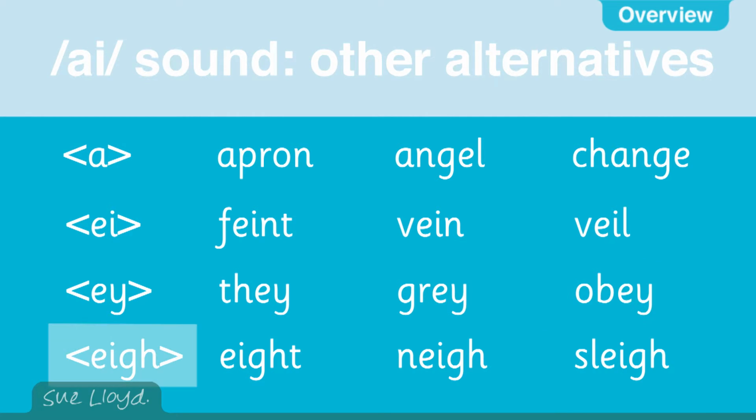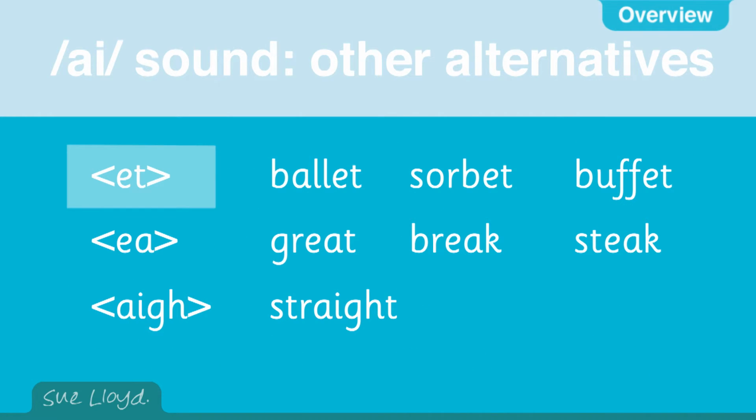And then we have eigh. Now, 4 letters are needed for the ay sound here, as in words like eight, neigh, and sleigh. Then there's et at the end of ballet, sorbet, and buffet, and there are very few of these words. And there are even fewer of the ea with an ay sound.